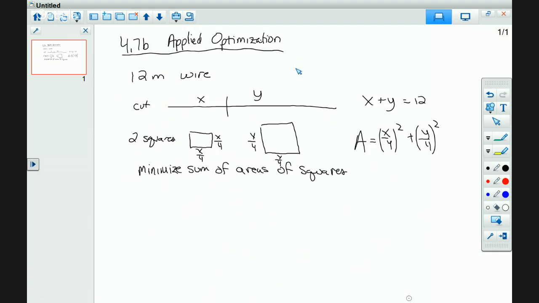Okay. We have 3 variables. We can only have 2, right? So we need to use the constraint to plug in. Yeah. So which one? Now let's go with y equals 12 minus x, right? And plug it in.